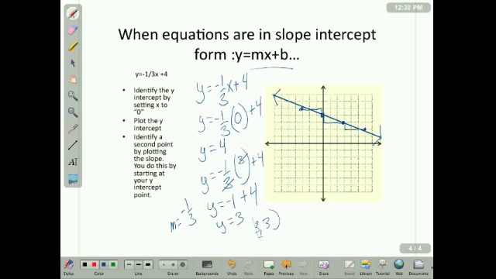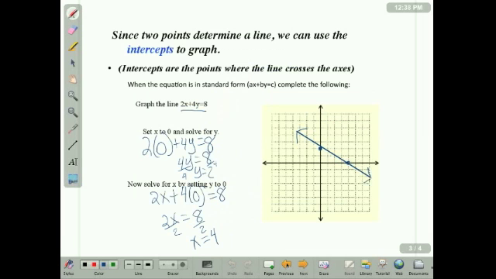So there you go. Just in review. When the equation is in standard form, we replace the x with 0, solve for y, and then plot that point. And then we replace y with 0, solve for x, and find that point.